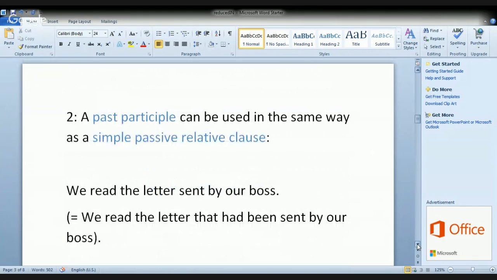So that's the first part of the 3 parts, okay? So now moving on to the next one, we're using the past participle. Like I said, the third column, which it's also known as, can be used in the same way as a simple passive relative clause. Okay.